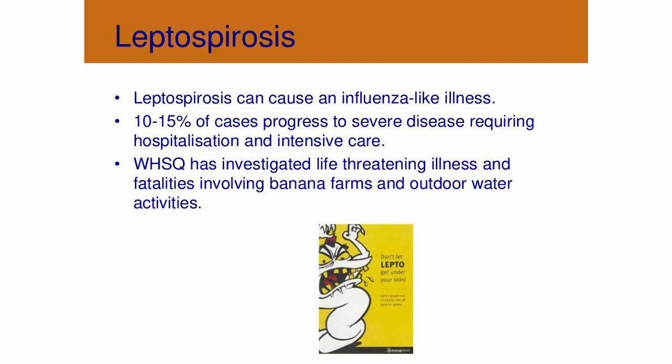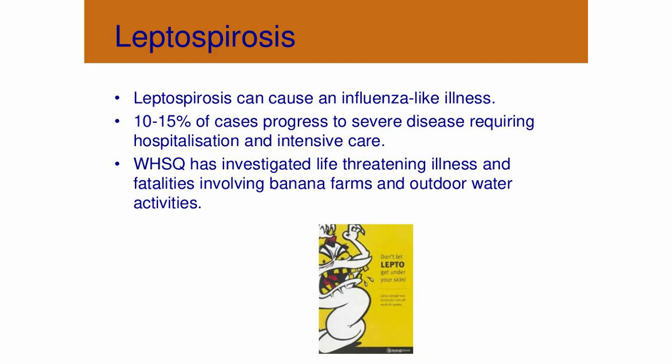Examples of life-threatening illness and fatalities that Workplace Health and Safety Queensland has investigated have included illnesses at banana farms and outdoor water activities like whitewater rafting and swiftwater rescue training, where there's been contact with rodent urine. Last year, WorkSafe New South Wales investigated a cluster of cases at a berry farm, again where the source of exposure would have been rodent urine.